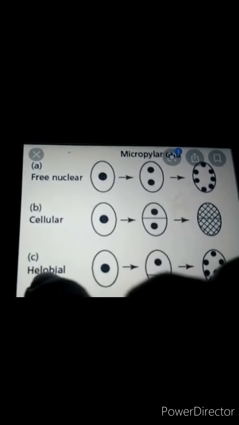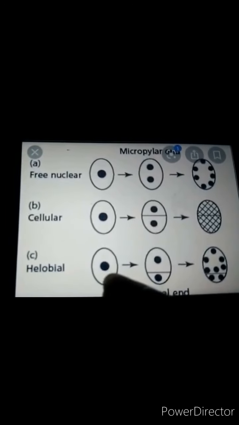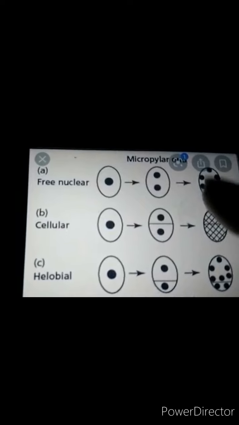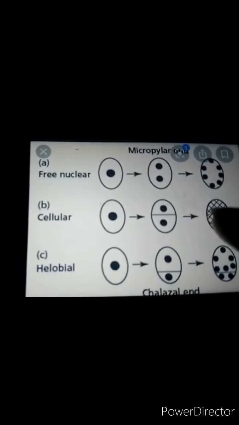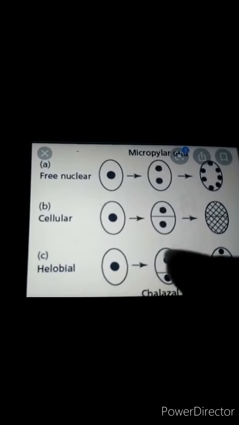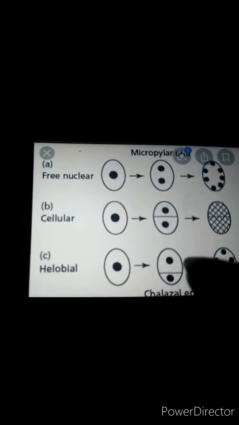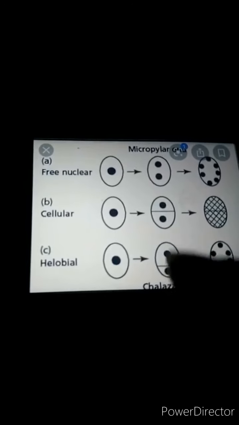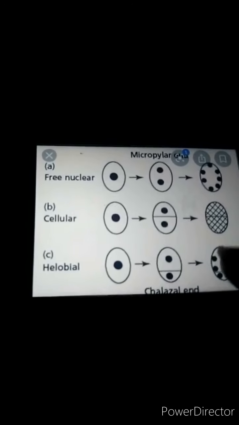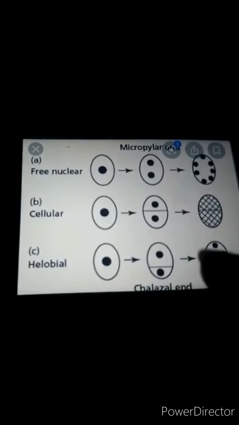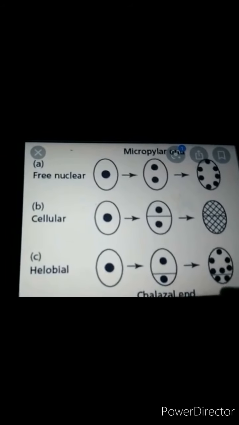Now the third type is the halobial type of endosperm. This type of endosperm is the intermediate form between the free nuclear and the cellular type. The first division is the cellular one, that is the nucleus will divide, then the cells will be formed, and after the first cellular division, the remaining divisions are the nuclear one.